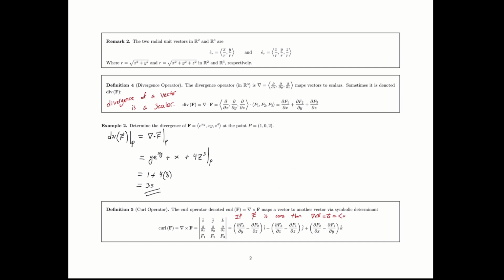Now remember, the 0 vector is the vector where all of its components are 0. So what this is saying is that each of these terms must equal 0. Well, what does that imply? If two things, when subtracted, are 0, then those two things must be themselves equal.